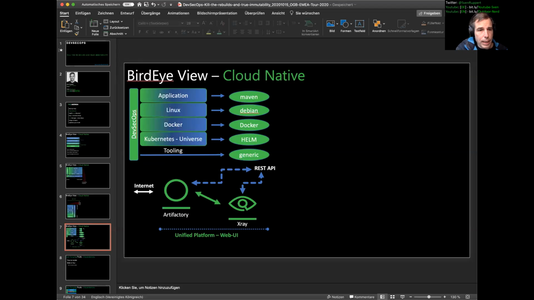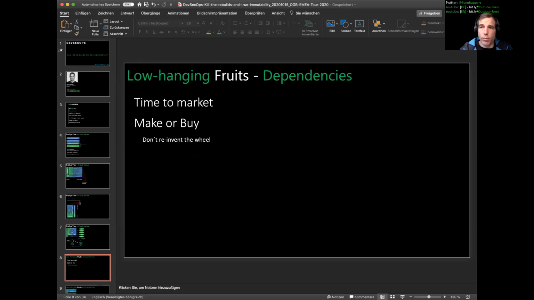This is one thing, but why I'm talking about dependencies and immutability, and why this is a point that could help to improve the CI/CD pipeline in terms of speed. For this, let's think about the low-hanging fruits in your whole development cycle, the whole production line. It means the low-hanging fruits for a few things are dependencies.